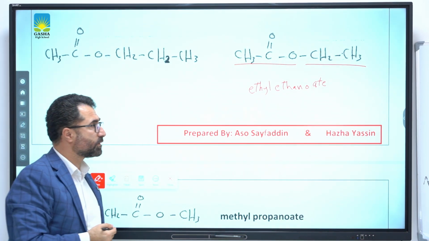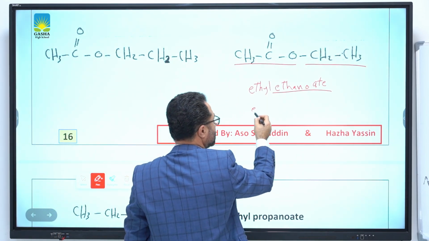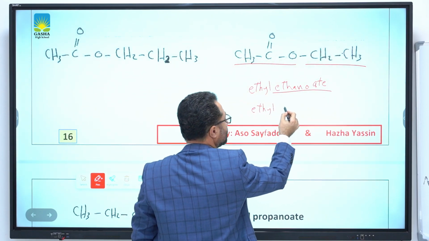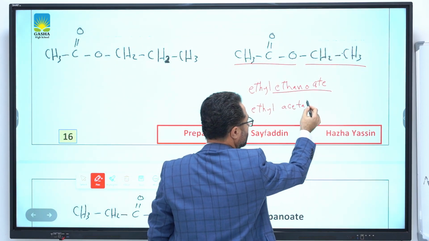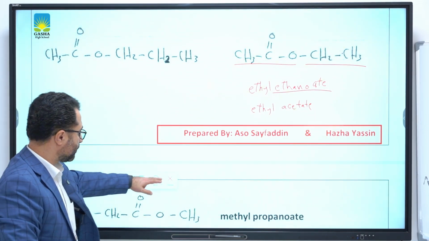Because the left side has 2 carbons, it's ethanoate, and we can write the common name. It's ethyl acetate for ethyl ethanoate.